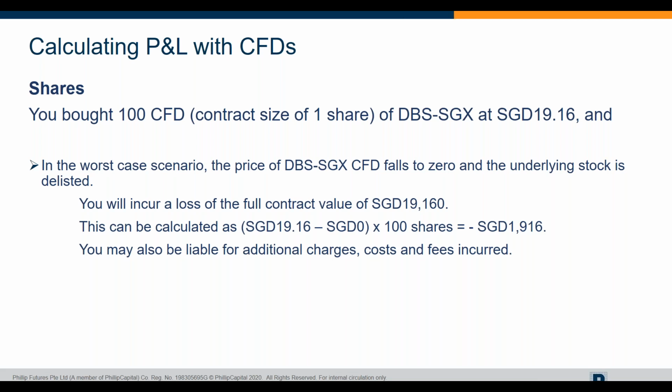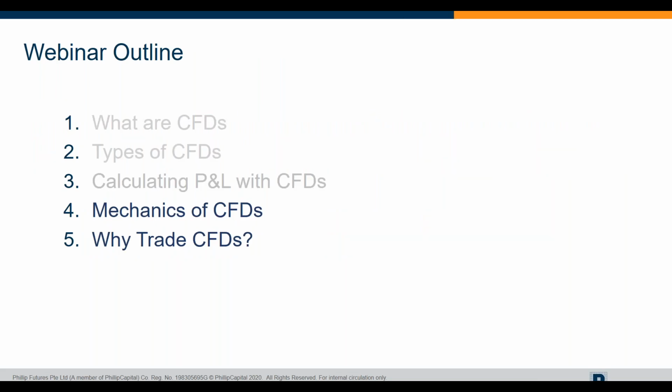So in the event that you bought 100 shares at 1996 in this example and the share falls to zero, you would incur the cost of the full contract. That means you lose the full contract. So yeah, that is a quick illustration on how you calculate P&L on CFDs.